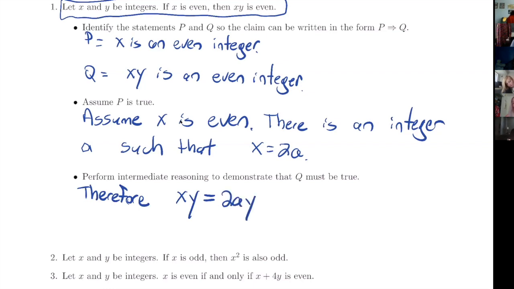Exactly. So this was our assumption, right? We assumed that x was even. So I know that x can be written as 2 times an integer. So let's use that given information, plug it into this product. And now we've shown that x times y can be written as 2 times a y.